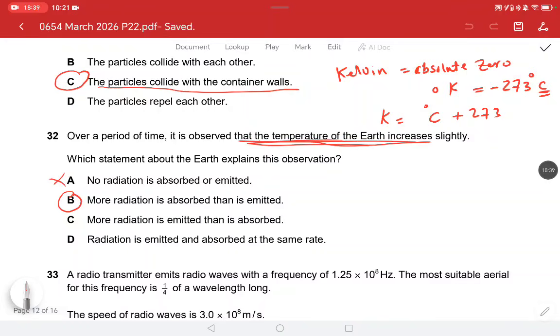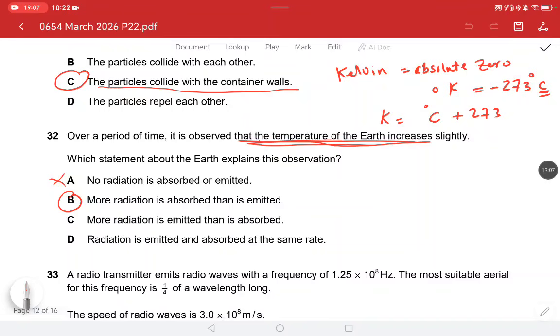Take care about this, because you may have objects in different colors like white and black, one shiny and one dull, and they ask you to compare which one has more reflection or more absorption, and so on. This type of question.